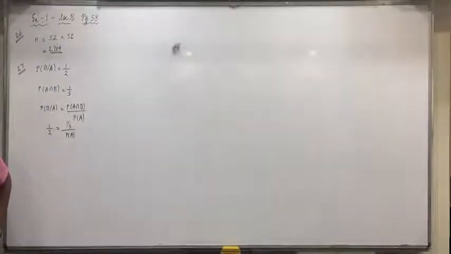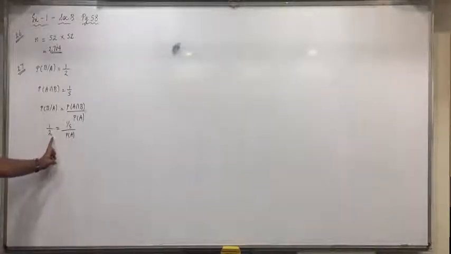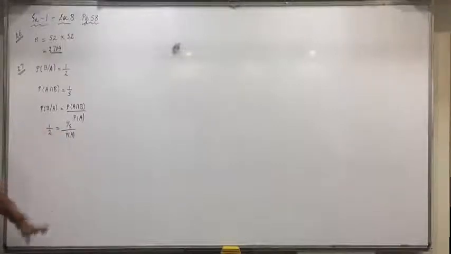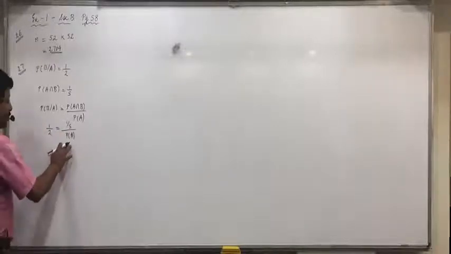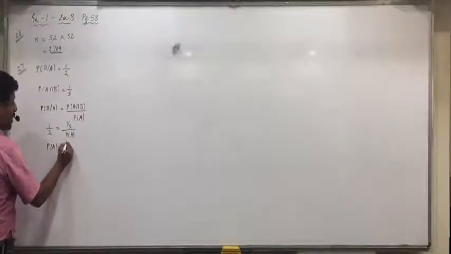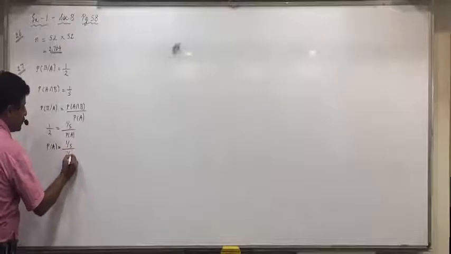He is correct. If you bring 2 on the other side, it will get multiplied, and P(A) on the left side will come in the numerator. But you take it this way: P(A) on the left side and 1 by 2 on the right side will get divided.